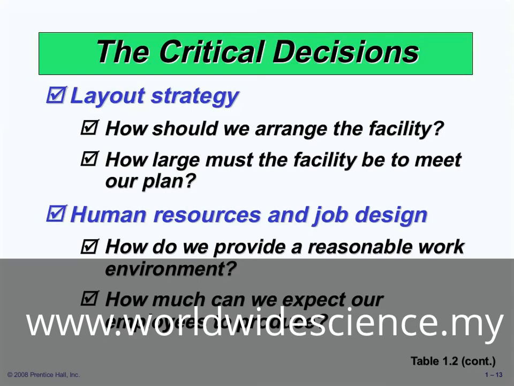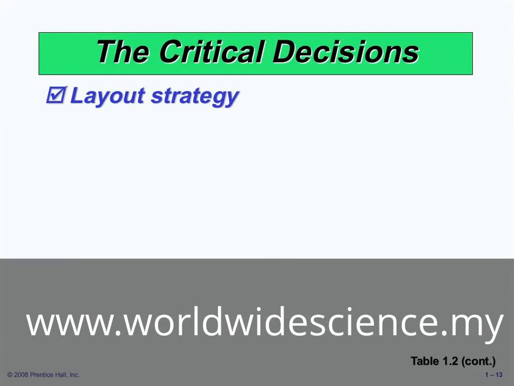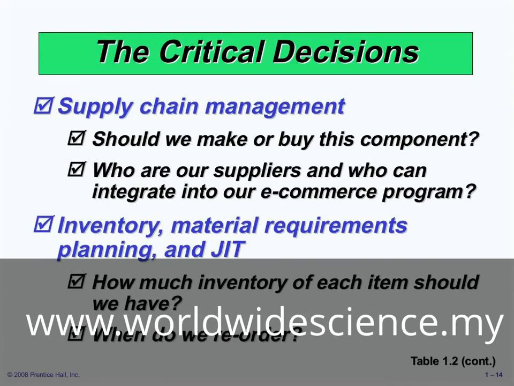Yes, the selection of the location depends on the nature of the business, exactly. The supply chain management. Should we make or buy these components? Who are our suppliers and who can integrate into our e-commerce program? In supply chain management, the company should decide whether it's better to purchase the raw materials or make them.